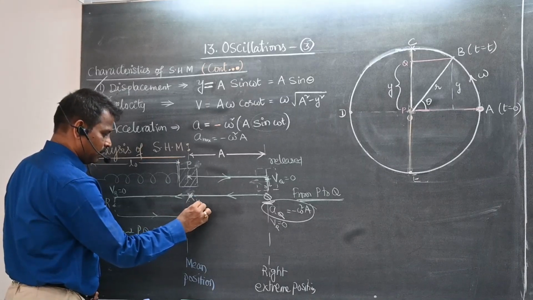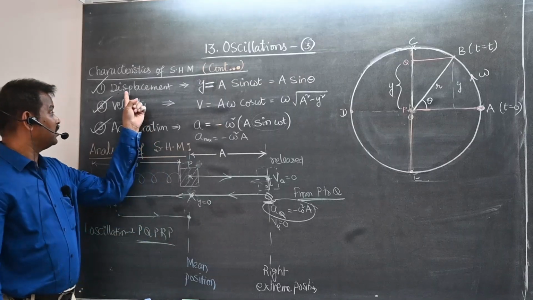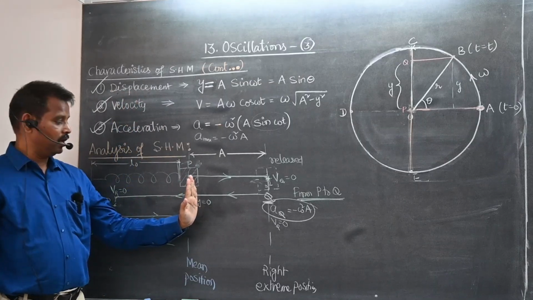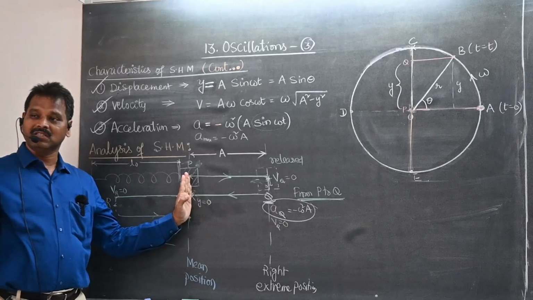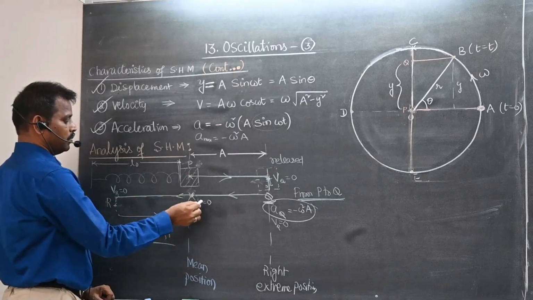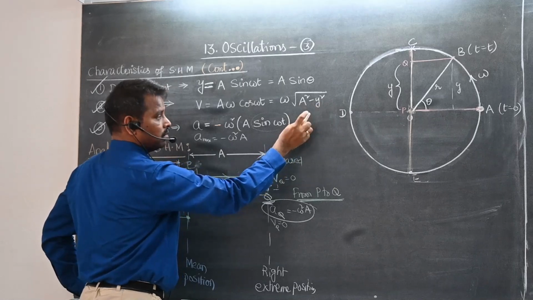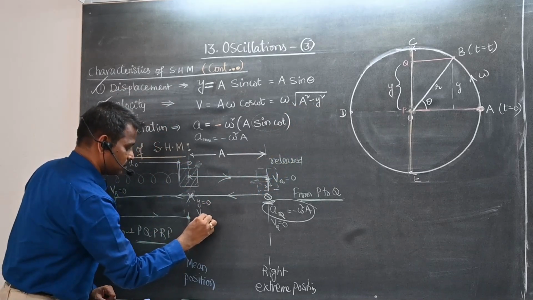When it comes to this point P again, what is y? First tell me. Displacement y must always be measured from the mean position. The body has reached the mean position. What is its displacement from the mean position? 0. y is 0. Now substitute y equals 0 in this equation. What will we get? Omega A. So what is V max?